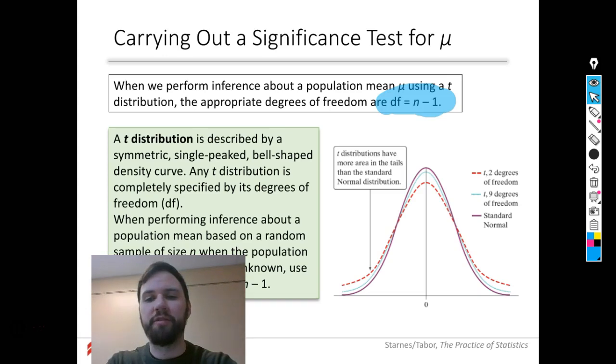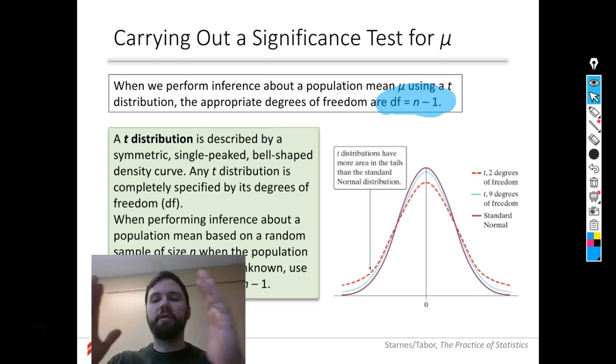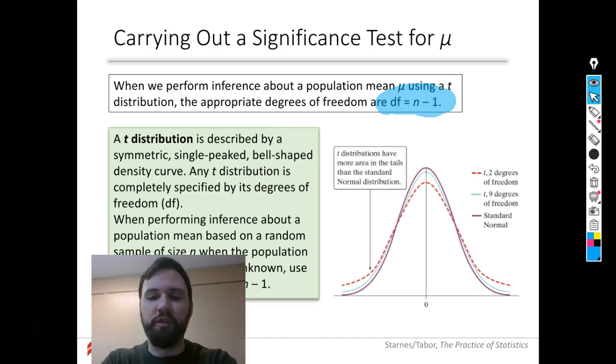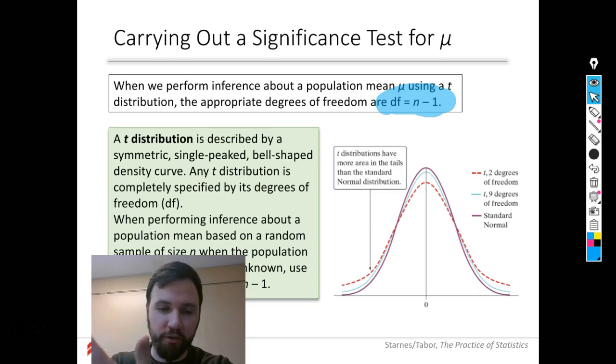At 2 degrees of freedom, it's more spread out. At 9 degrees of freedom, it's tighter and closer to the normal distribution, which makes sense. The bigger your sample size, the closer you are to normal. So that's why we want big sample sizes.